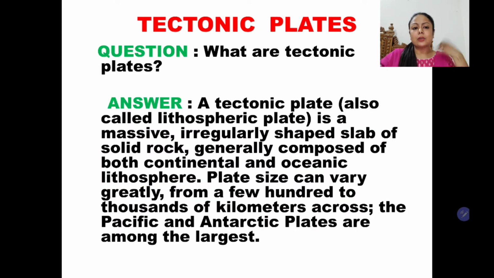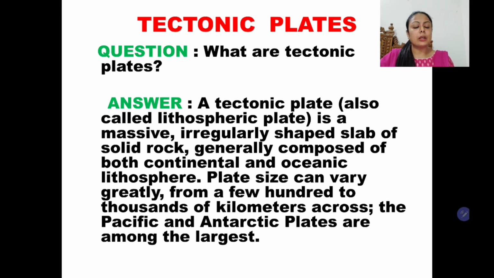Now students, there is a concept of tectonic plates. So what are tectonic plates? Just before this, I was telling you about tectonic plates. If you see the map of the world, you will see several continents and oceans. The ocean floor and the continents are part of lithosphere, and they are divided into several blocks.